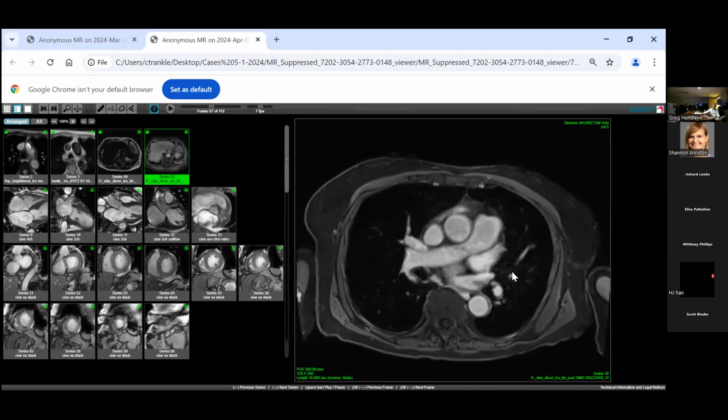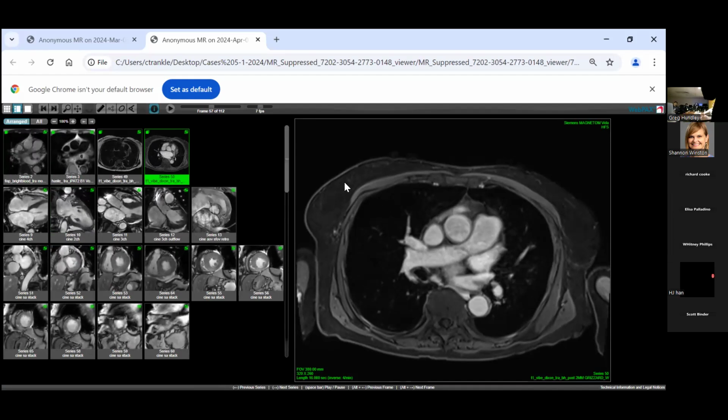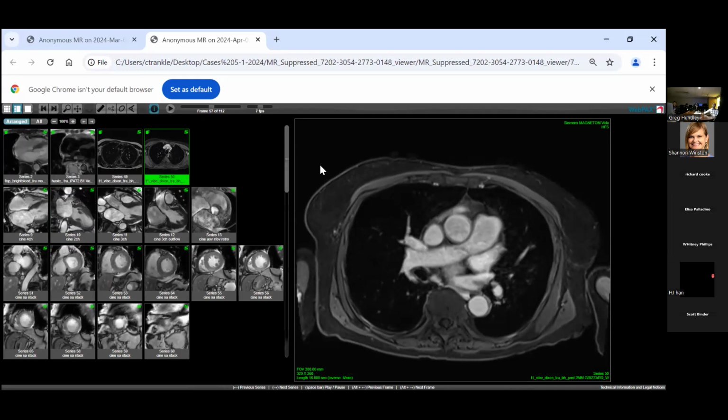If you look on the right side of the screen, there's a static image, and you can imagine creating this nice picture where we can set the spatial resolution, the field of view and the matrix, and we know our signal to noise, but it's only one picture.